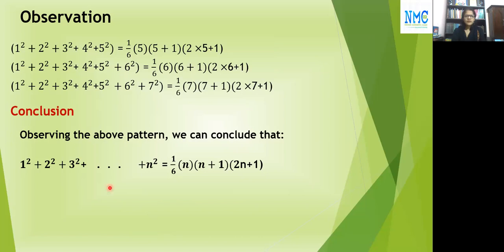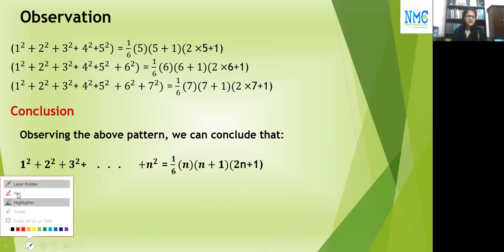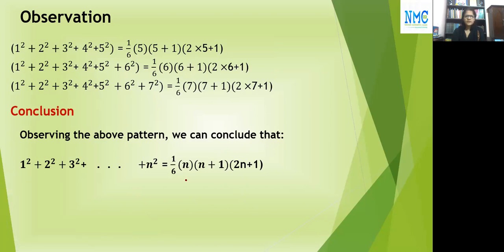Now observing this pattern, we can conclude that 1 square plus 2 square plus 3 square up to n square can be taken as 1 by 6 of n into n plus 1 into 2n plus 1.